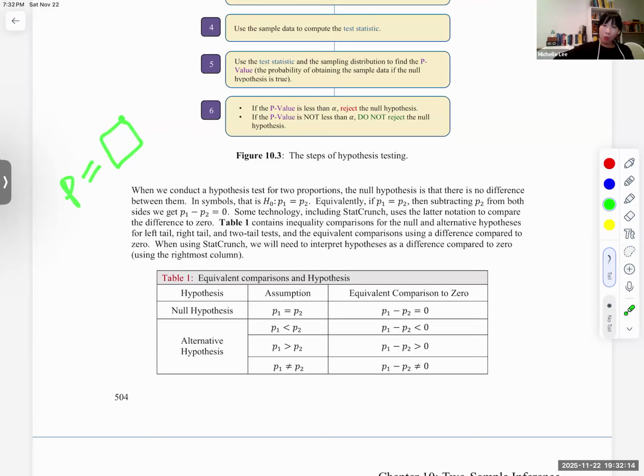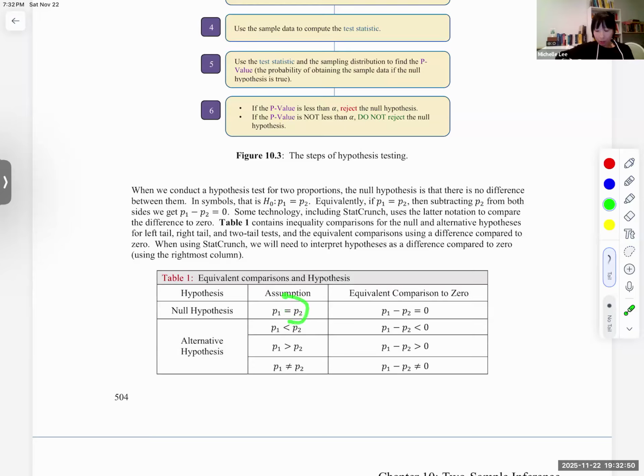Now we have two proportions, so we indicate p sub 1 equal to p sub 2. This is the null hypothesis: no change, no effect, so we say equal. p sub 1 equals p sub 2.